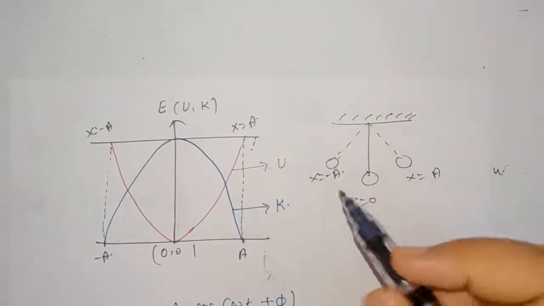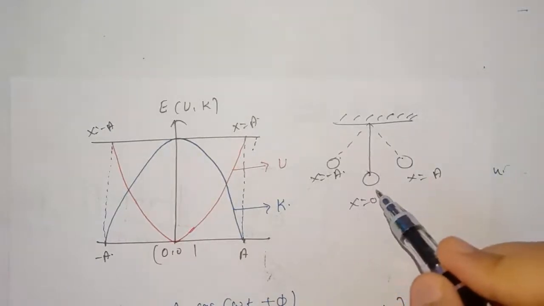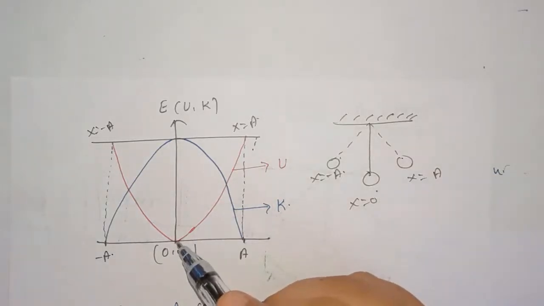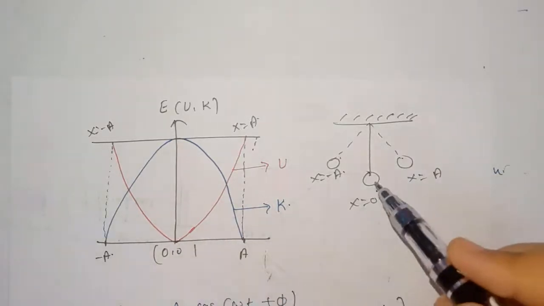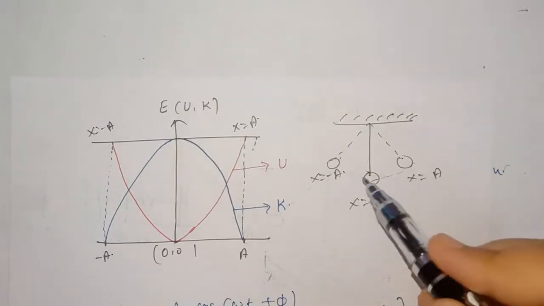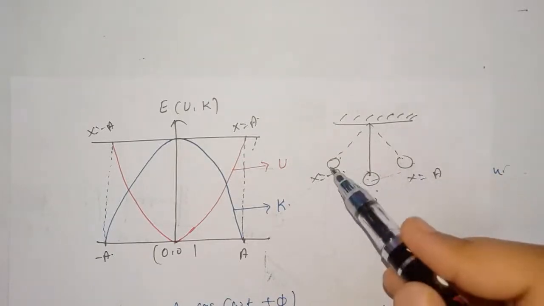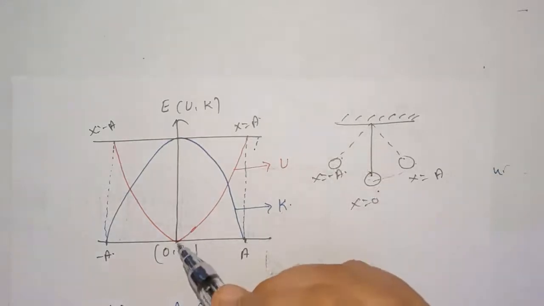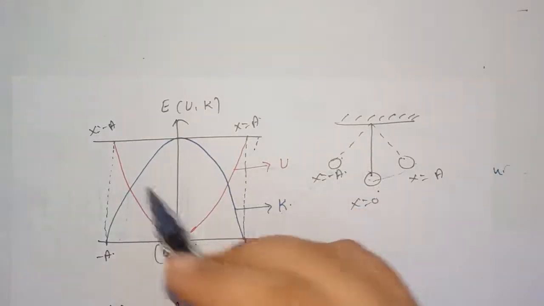As we have said, at x equals 0, for a reference we have taken potential energy as 0. So this will be 0. As we gradually move towards either side, towards positive or negative a, the potential energy will increase.